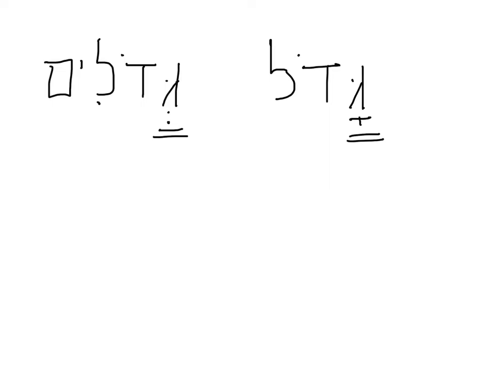So we go from gadol to gadolim. The reason is the accent moves further away from the beginning of the word, and when it moves further from the beginning of the word, the emphasis on this sound is reduced, and it winds up just being a vocal schwa, very much like we saw from explain to explanatory.